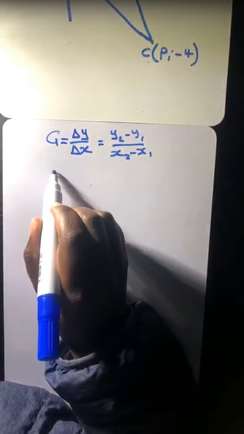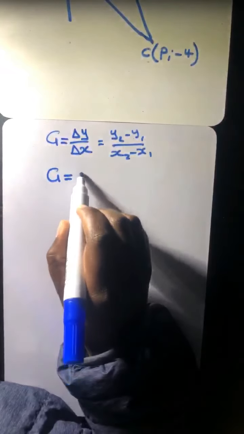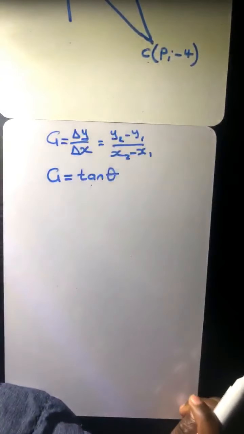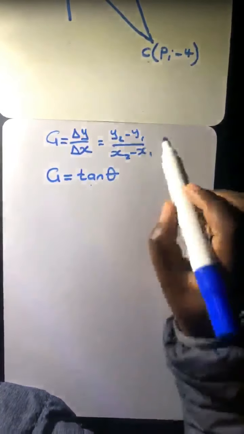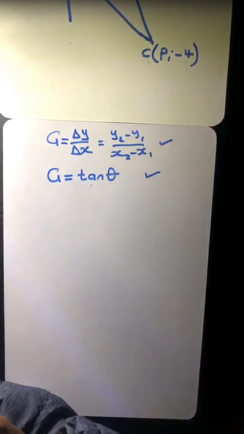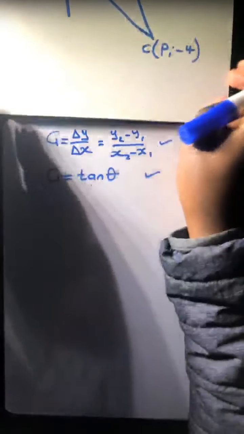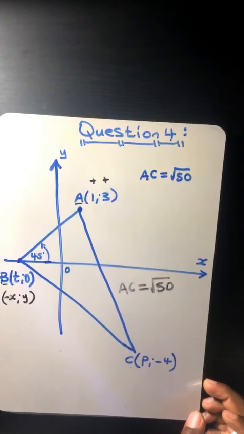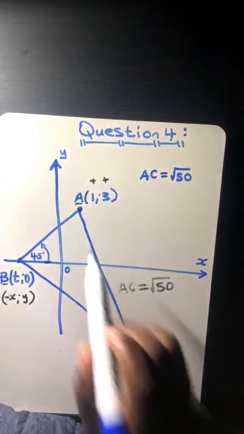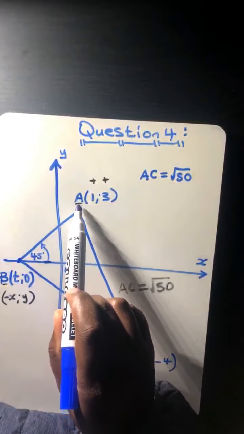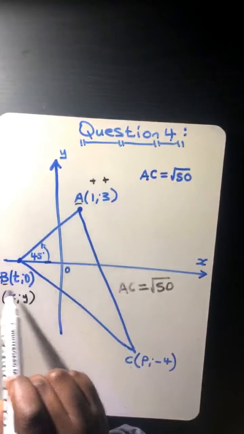But say again, we've got another formula which says the gradient is equal to the tan of the angle there. So either you use this formula or you can possibly use that other formula. Now the question is, do you have the 2 points that you can use to determine the gradient of AB? Unfortunately, I cannot use point A and point B. Why?